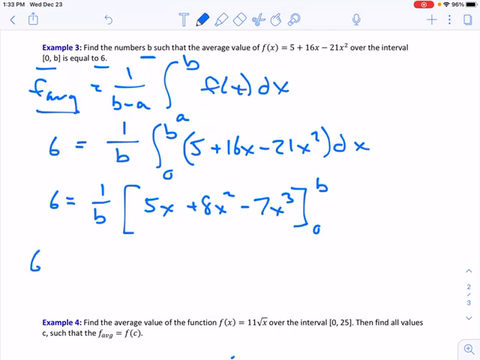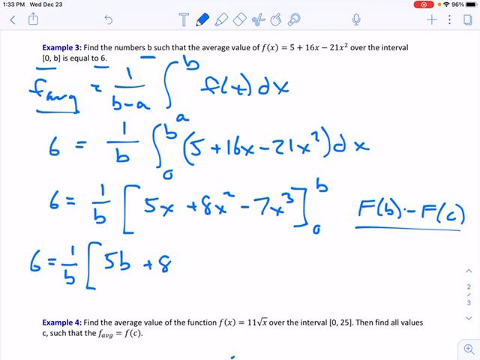So 6 is equal to 1 over b, and so we want to go through and find 5b. So we're just substituting b in here. We're doing F of b minus F of 0, where F is the antiderivative. The antiderivative at b minus the antiderivative at 0. We're using the fundamental theorem of calculus. So we have 8b squared minus 7b cubed minus F of 0.